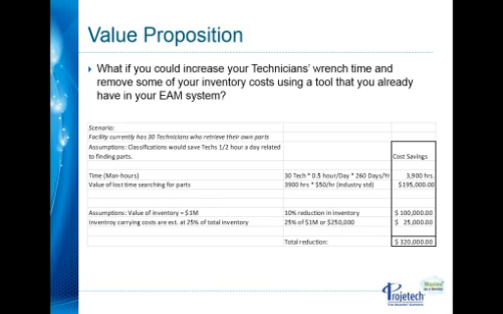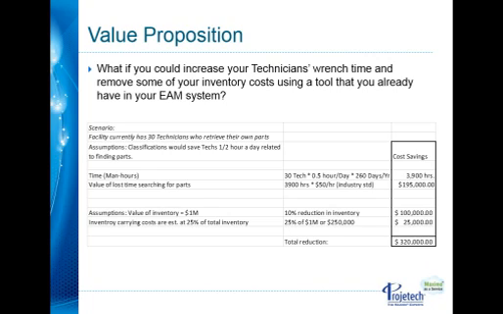So in this scenario, which was an actual scenario that I've worked with, the facility had 30 technicians who were responsible for getting their own parts for work. And the assumption is that by using classifications, you could save the technicians half an hour a day related to finding parts.